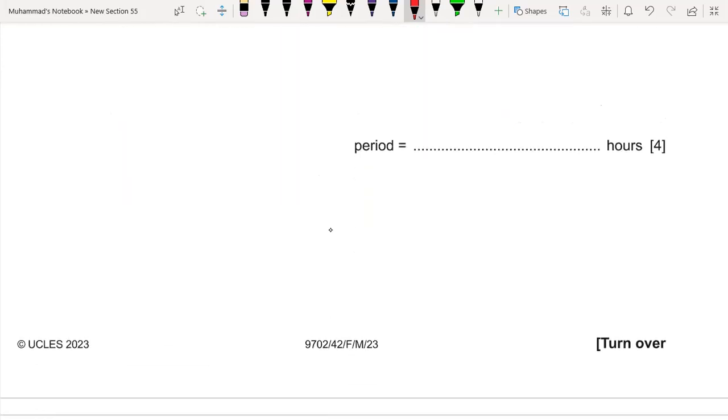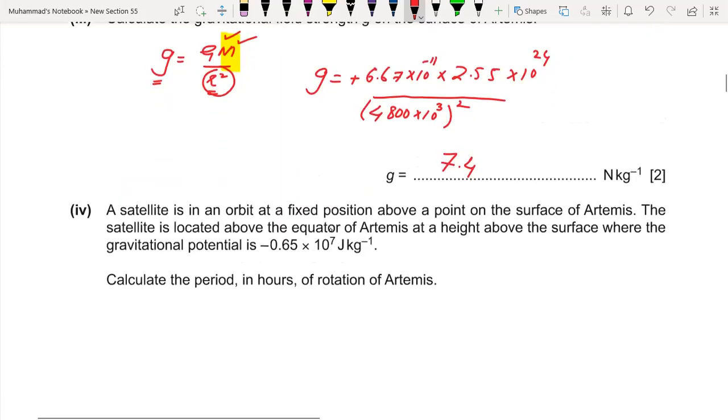Okay. So the last part is: a satellite is in orbit at a fixed position above a point on the surface of this planet. We have a satellite that moves around this planet, and the satellite is located above the equator of this planet at a height above the surface where the gravitational potential is given. So what do we know?